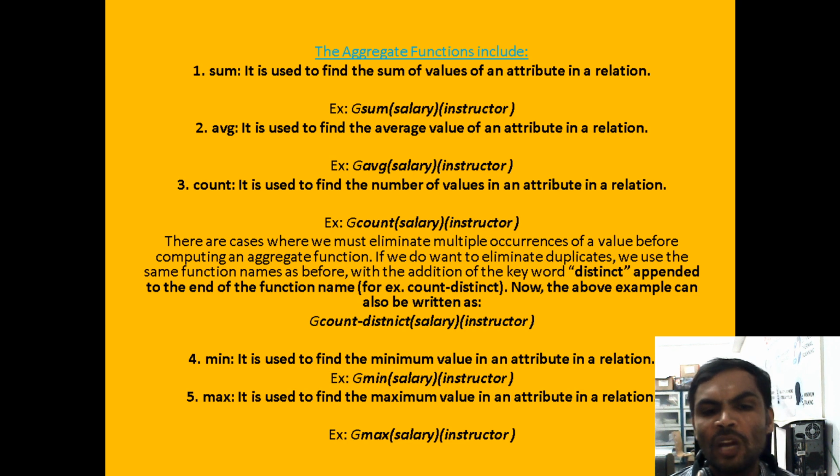To eliminate the duplicate values, we use the same function name as before, with the addition of the keyword distinct. If you use distinct, it will eliminate the duplicate values in the domain of the record.